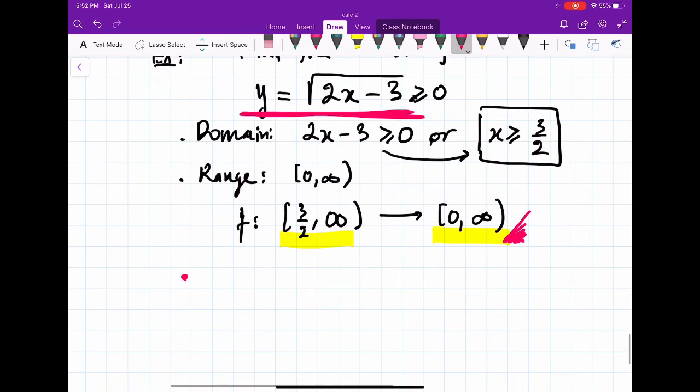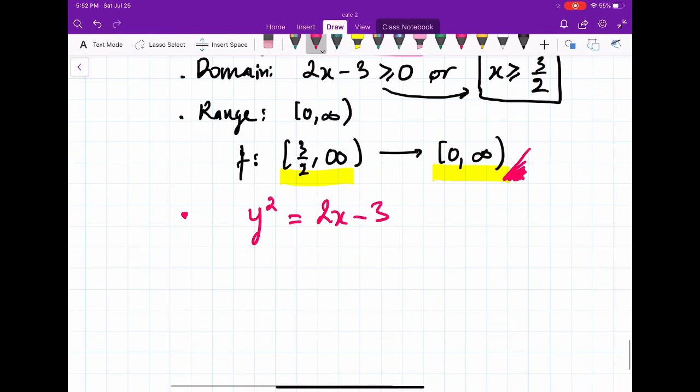I square both sides. I get y squared equals 2x minus 3. Now from here, I get 2x equals y squared plus 3, and x is equal to y squared plus 3 over 2.